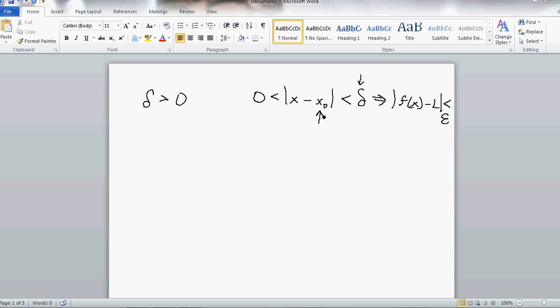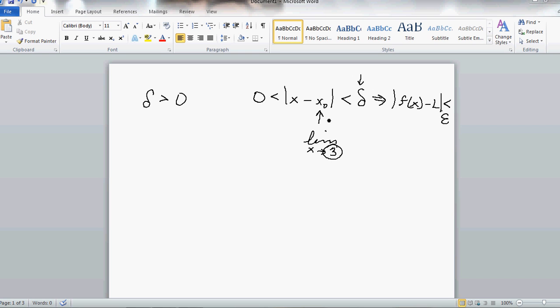Now, what some of these things would represent would be things such as this. We let x sub 0 be, in essence, whenever we see limit as x approaches, say 3, x sub 0 would be 3. It's whatever we're actually striving towards.